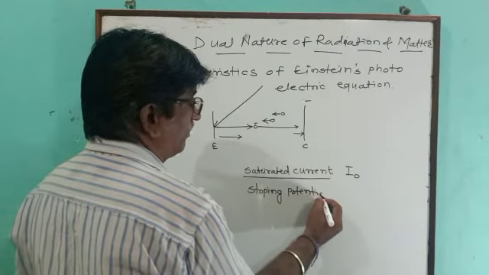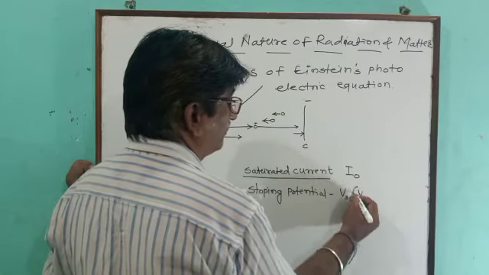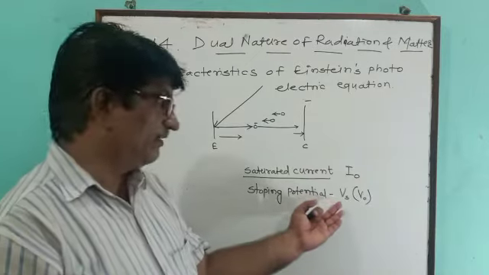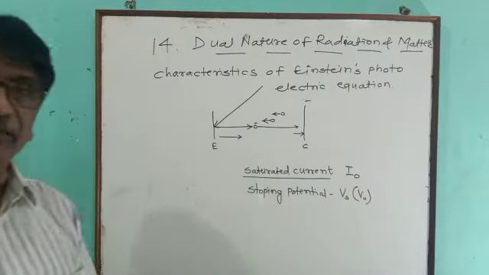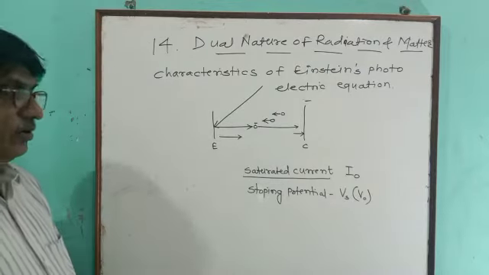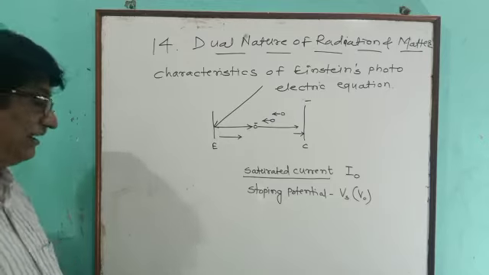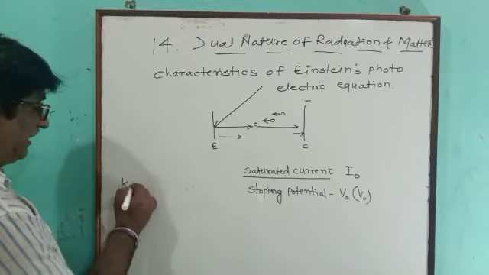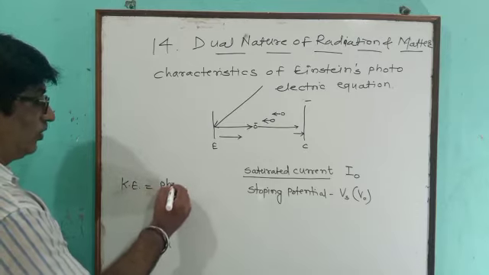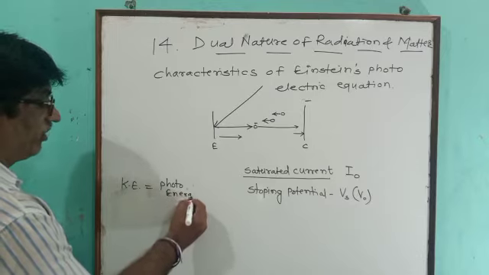Suppose the stopping potential is taken as Vs or V0. It is one and the same thing; some books take it as Vs and some books as V0. Here, in Einstein's photoelectric equation, kinetic energy is equal to photon energy minus work function.